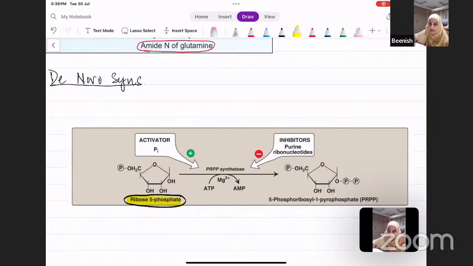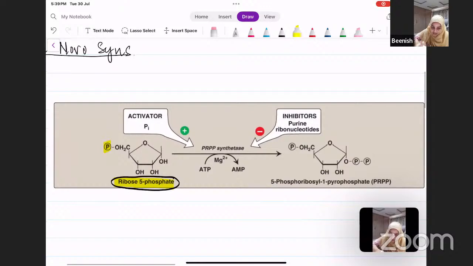You can see this is the ribose sugar, and to this ribose sugar, a phosphate is attached. Now what happens? The enzyme acting is PRPP synthetase. This PRPP synthetase is going to incorporate a pyrophosphate at position 1 to form 5-phosphoribosyl 1-pyrophosphate, that is PRPP.